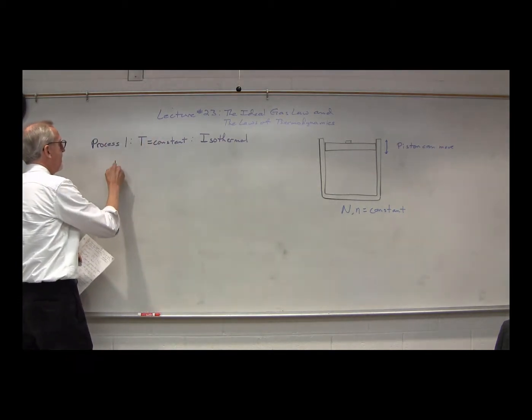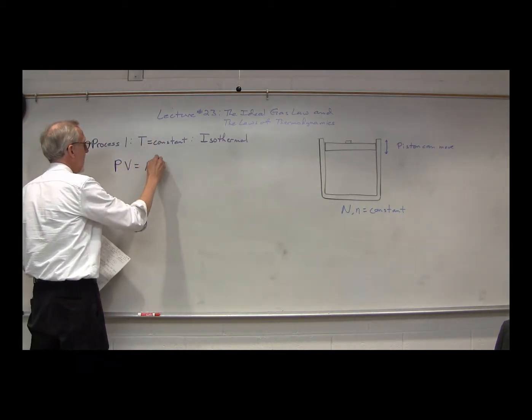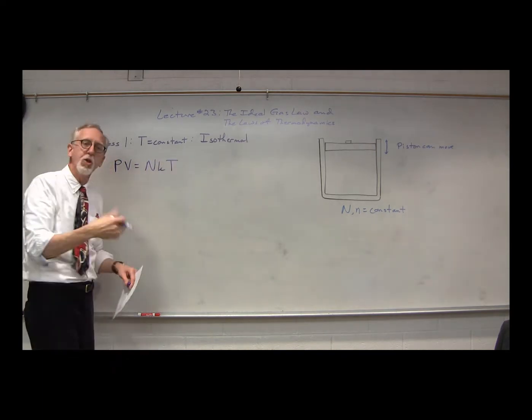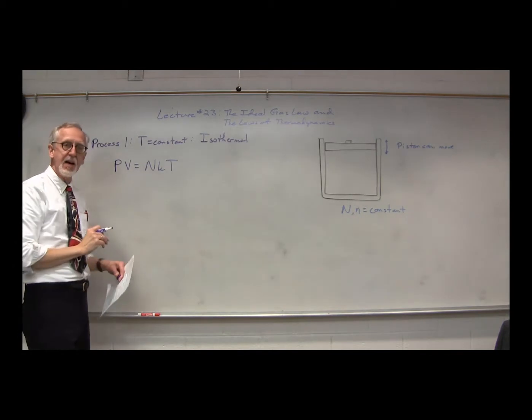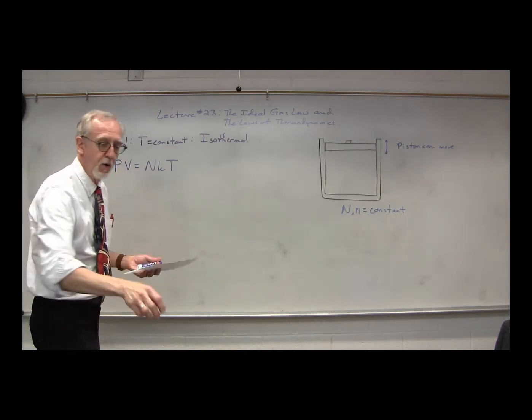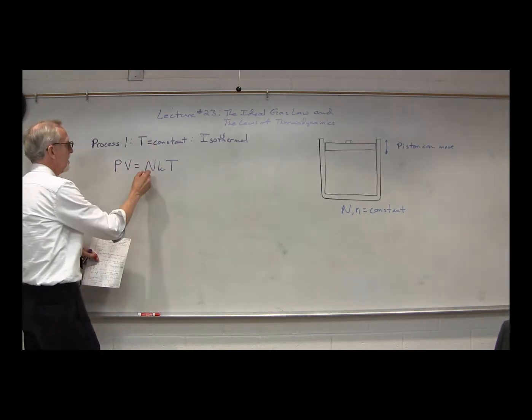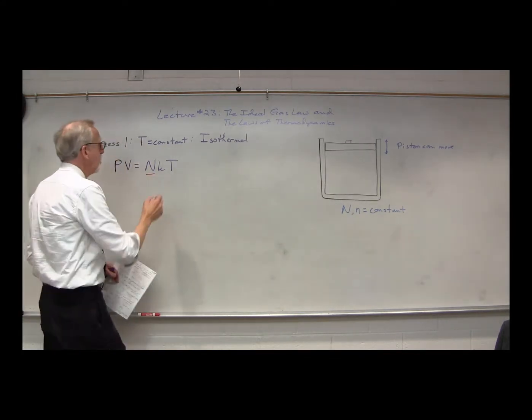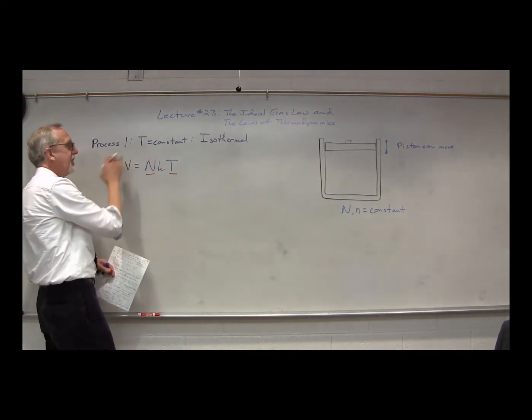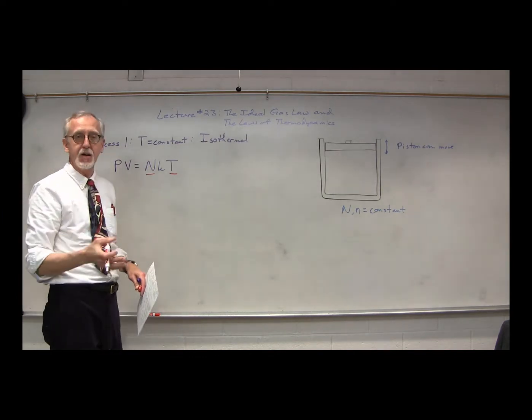Now, let's go back to the ideal gas law. We have that PV equals NkT, or you could write it as little nRT if you want. Now let's look at the right side of this equation. We know that N is not going to change. We've already made that statement. We know that T for an isothermal process is not going to change.